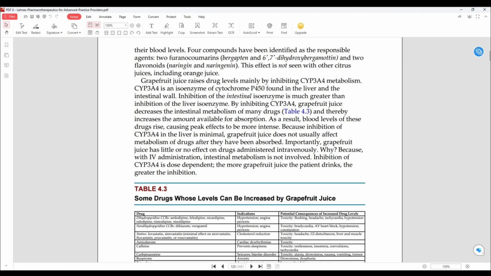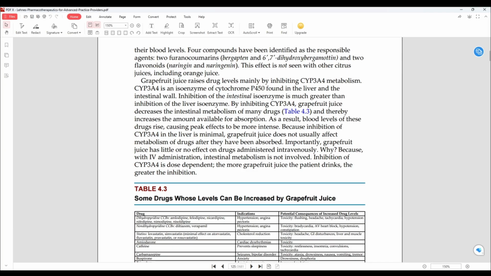Inhibition of the intestinal isoenzyme is much greater than the inhibition of the liver isoenzyme. By inhibiting CYP3A4, grapefruit juice decreases the intestinal metabolism of many drugs, and thereby increases the amount available for absorption. As a result, blood levels of these drugs rise, causing peak effects to be more intense.